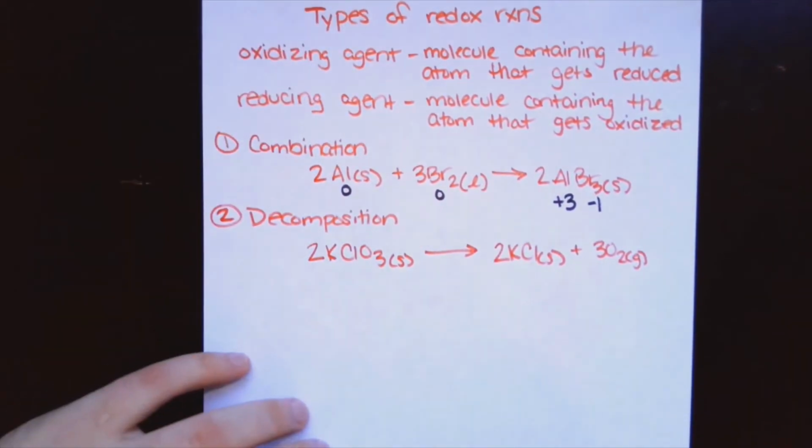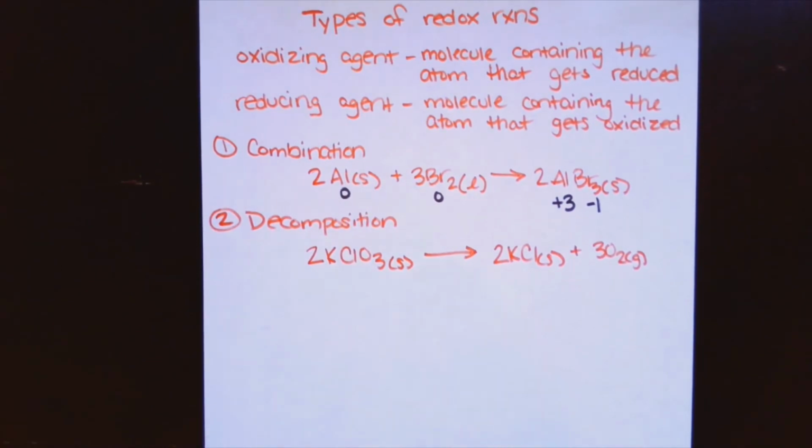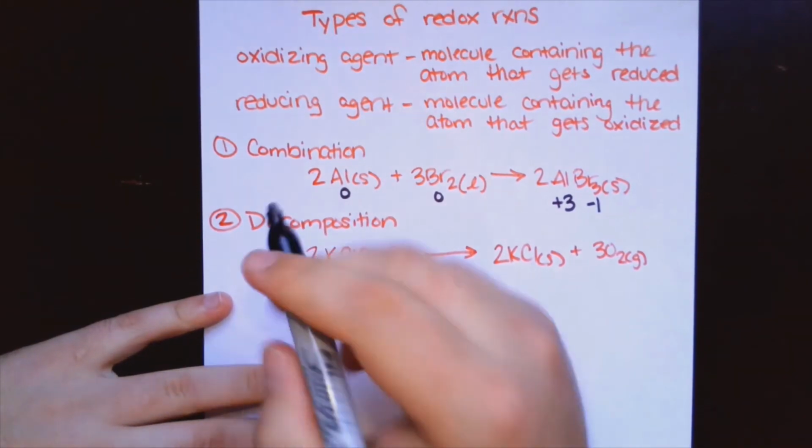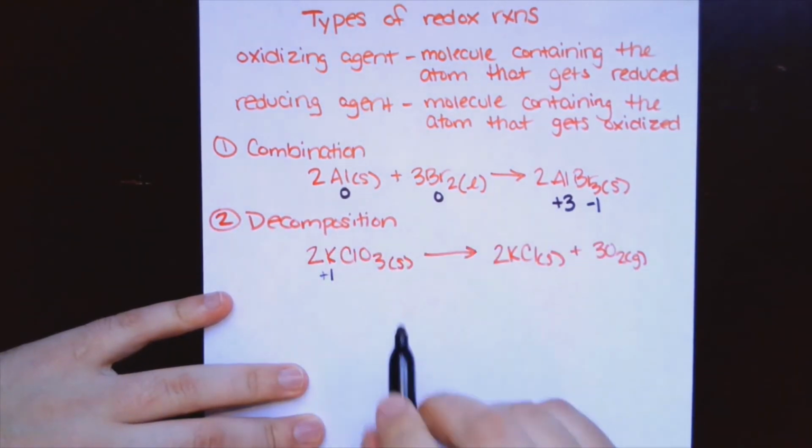Alright, now, on the reactant side, remember, group 1 metals in a molecule will always be +1, so potassium is +1.